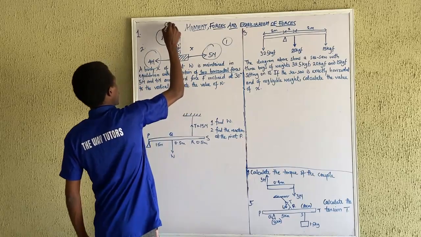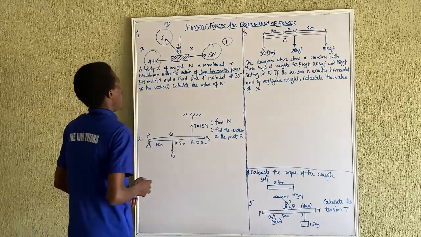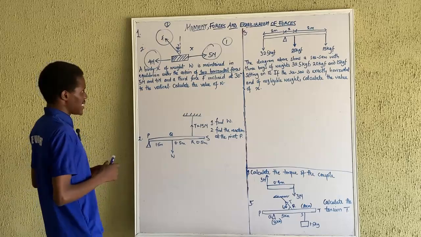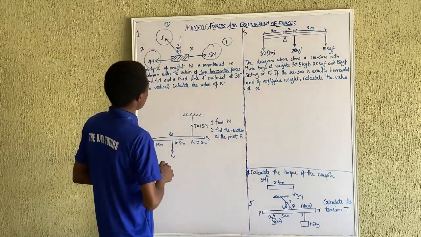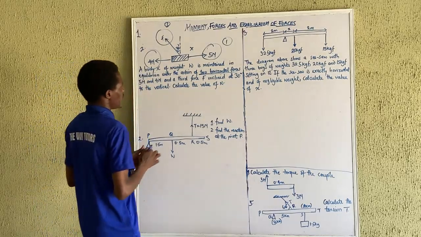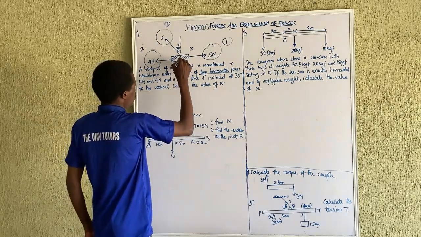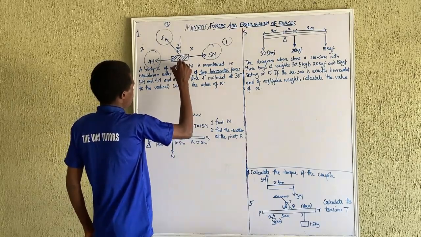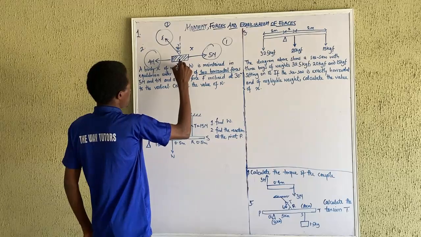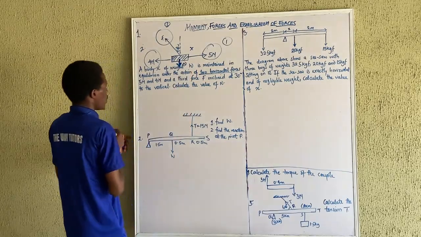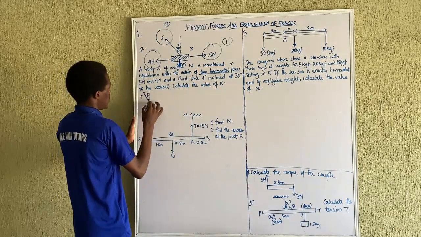Third force, F, inclined at an angle to the vertical. That means, where is the position of W? That tells me the position of W will be down. This is the position of W. So it simply means I have something like this.